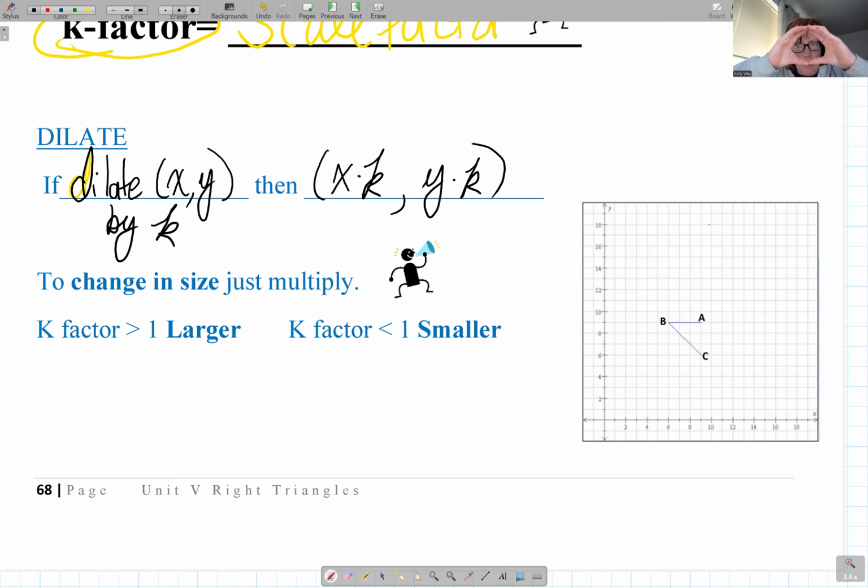If your K factor is a fraction or less than 1, that means it's going to shrink. If your K factor is bigger than 1, it's going to enlarge. So when your K factor is bigger than 1, you're going to enlarge. When your K factor is less than 1, you're going to make it smaller. So K factor larger than 1, you're going to enlarge the shape.